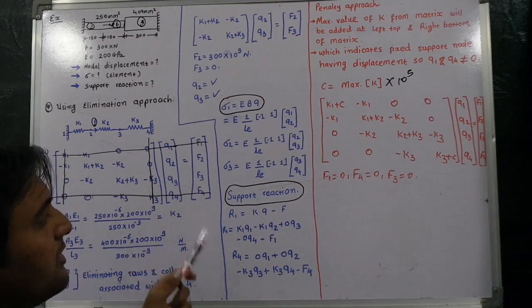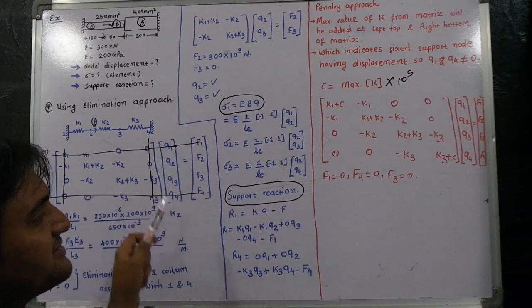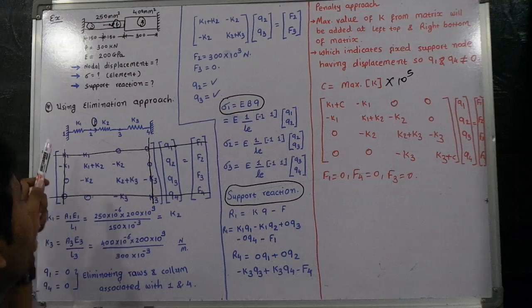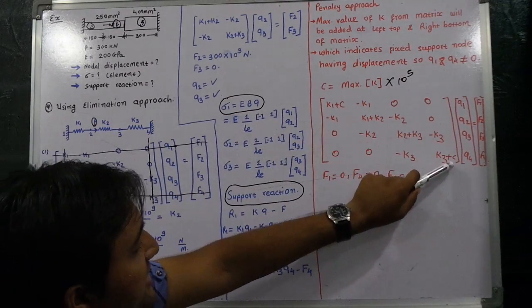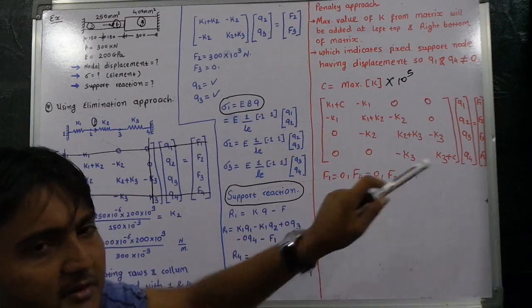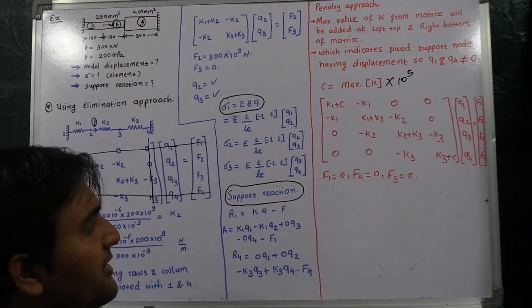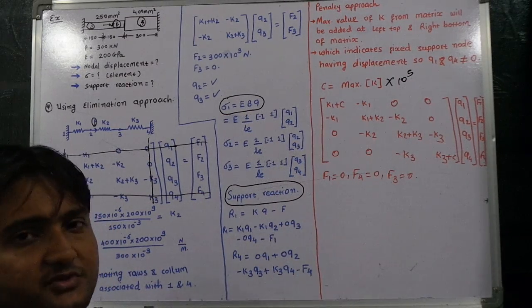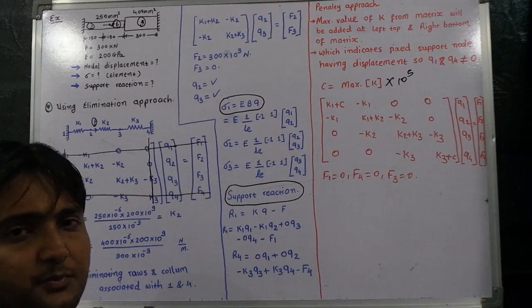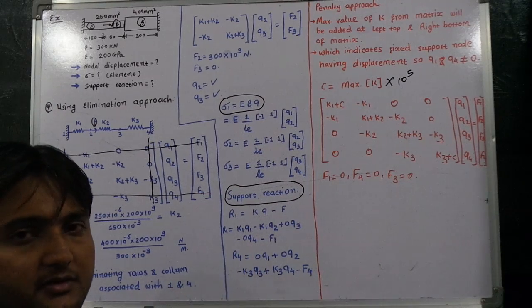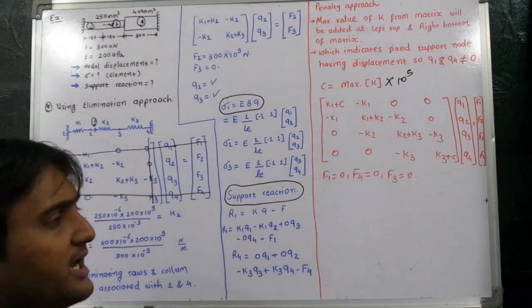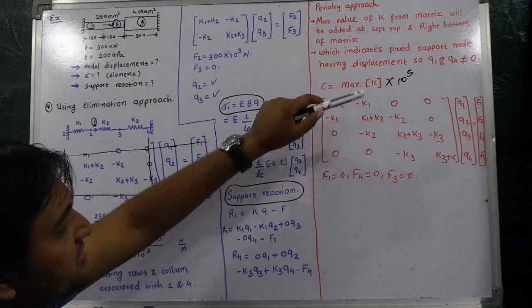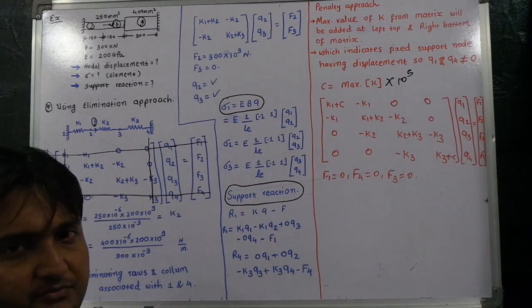The other things remain the same as we mentioned in the elimination approach. The only difference is part C here, and part C will play a vital role in finding out the deflection of the fixed support. So the penalty approach says that the fixed support has some kind of deflection, and to find out that deflection, this theory comes into the picture.